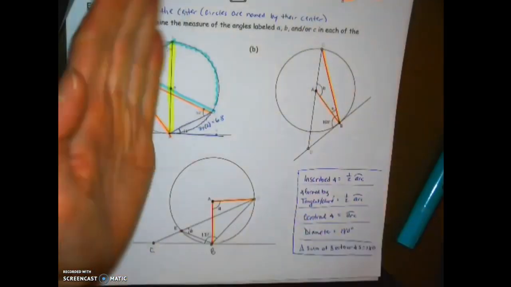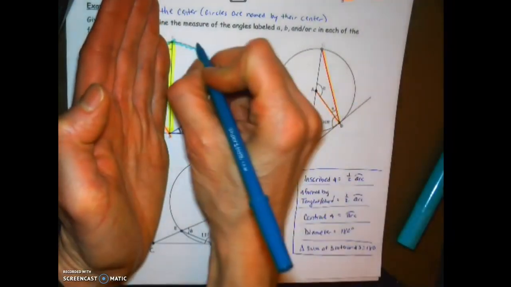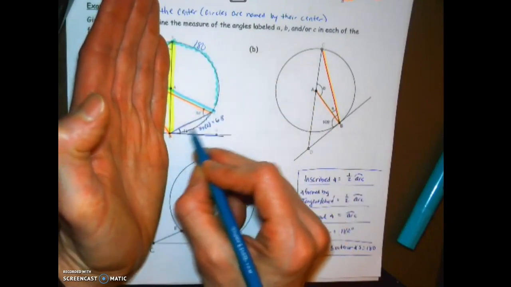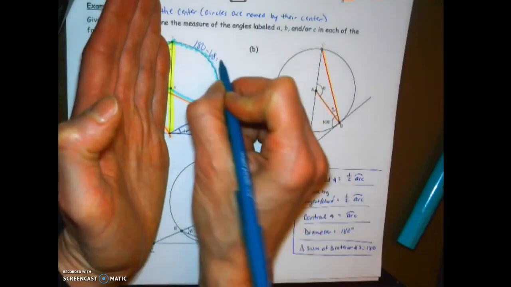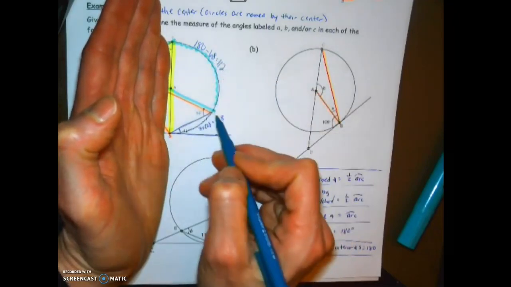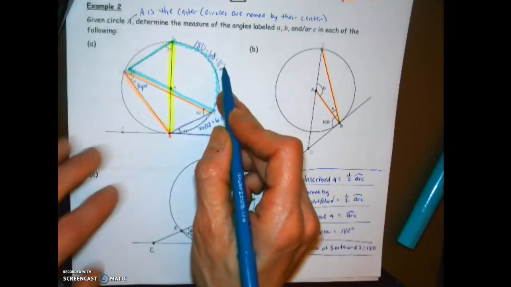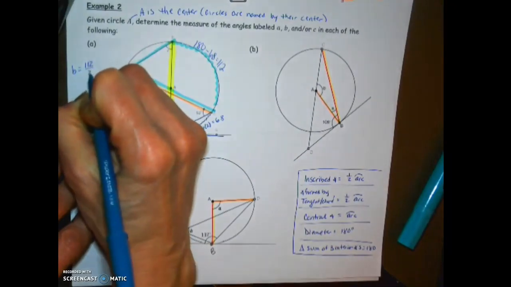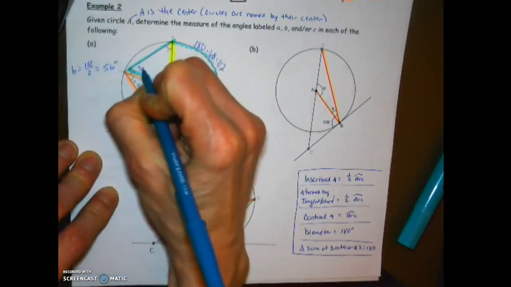And a diameter breaks the circle up into two semicircles, which are 180 degrees. So if I take 180 degrees from E all the way to B, and I subtract out this 68 degrees from here, I end up with 112 degrees. So if arc EC is 112, then angle B is going to be half of that. 112 divided by 2 comes out to be 56 degrees.